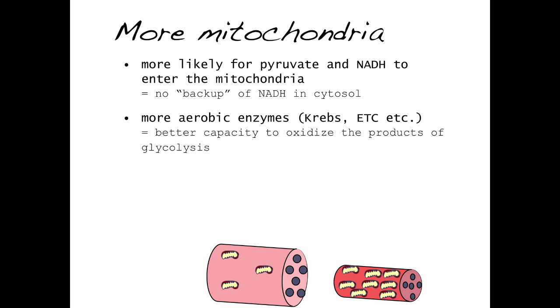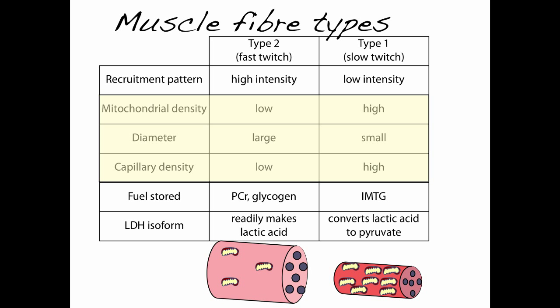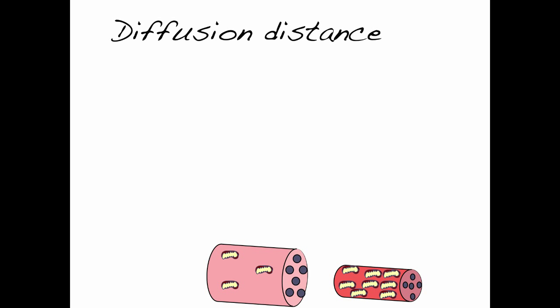Therefore, if we're recruiting more type 2 muscle fibers, there's going to be less mitochondria, and that means that there's going to be not as many places for NADH and pyruvate to go when they're formed in glycolysis, and less enzymes within the mitochondria to deal with these products. If we look at the combination of mitochondrial density, fiber diameter, and capillary density combined, we're going to be talking about something called diffusion distance.